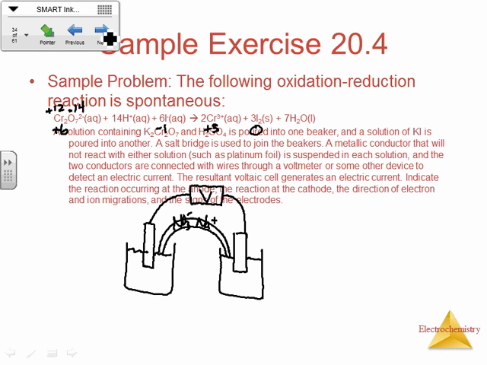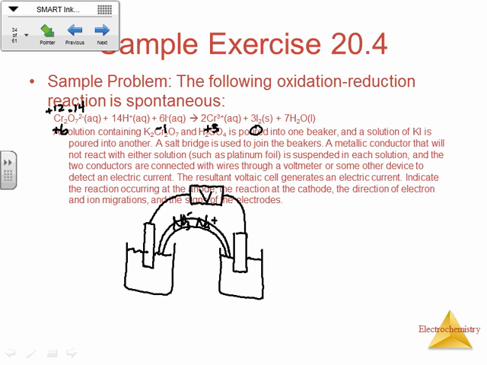So that's going to be the 6I- going to 3I2. I was just writing it off to the side. I guess maybe I should put it on the same side as, yeah, I was not being intentional about that.